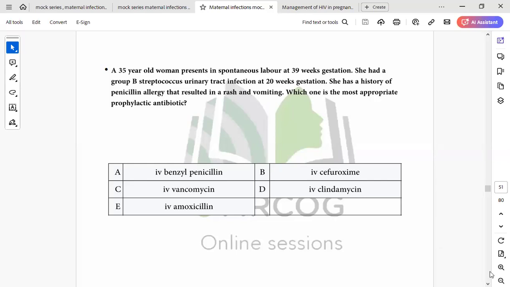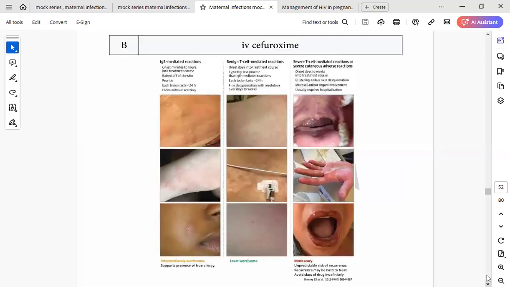Okay, rash and vomiting are not severe allergies. Severe allergies, guys, is when you are having organ involvement, mucosal involvement. So the patient is having respiratory edema, tongue edema, oral edema, eyelid edema.